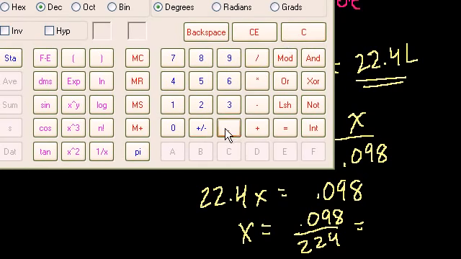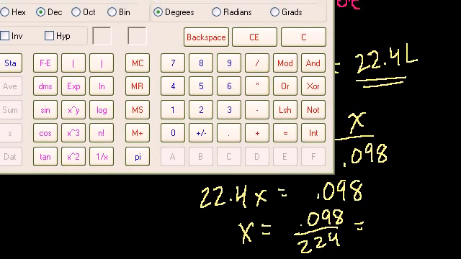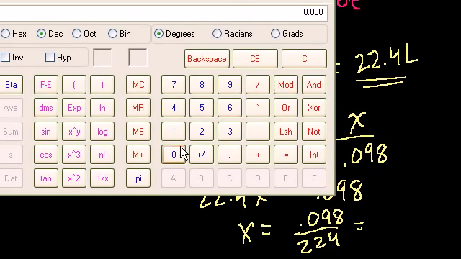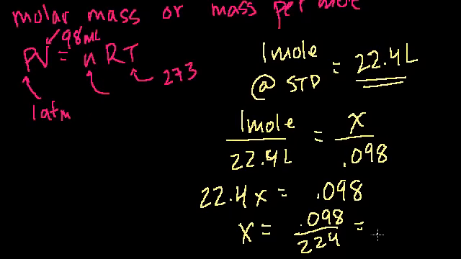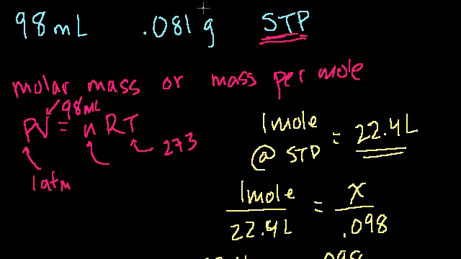So 0.098 divided by 22.4 is equal to 0.004375 moles. And they're telling us that this amount has a mass of 0.081 grams, right?